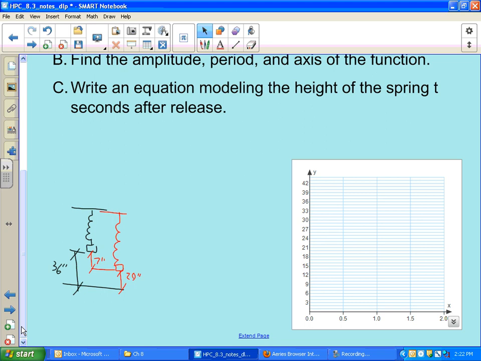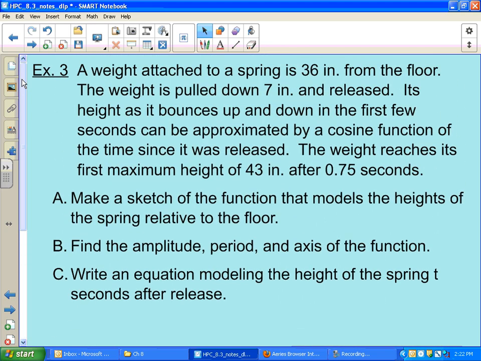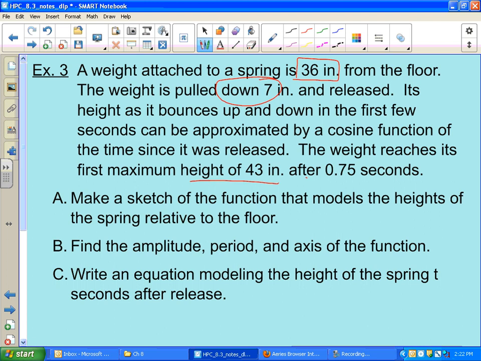Now, starting the spring at 29 inches above the floor, that's time 0. I let the spring go, I start my watch, and at 0.75 seconds, the spring is at its maximum height. All of that information was given to us in the problem, right? Where I start, and then I pull it down. Height maximum after that amount of time.